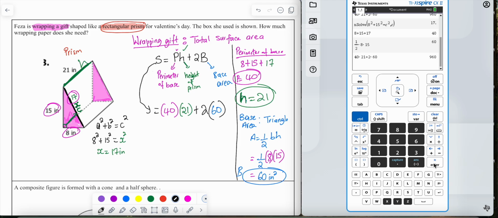So the total surface area of the prism is going to be 960 inch square, and this is our answer.